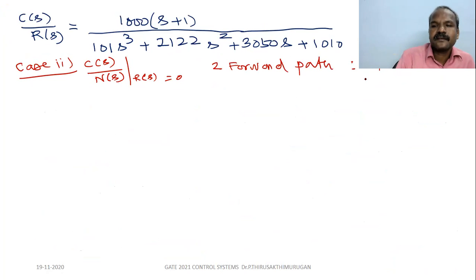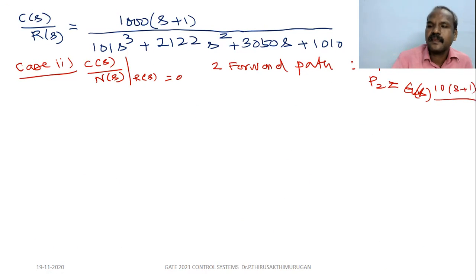P1 equal to 1, P2 equal to G of S into 10 into S plus 1 by S into S plus 2, S plus 20. Okay, so these are the two forward paths.